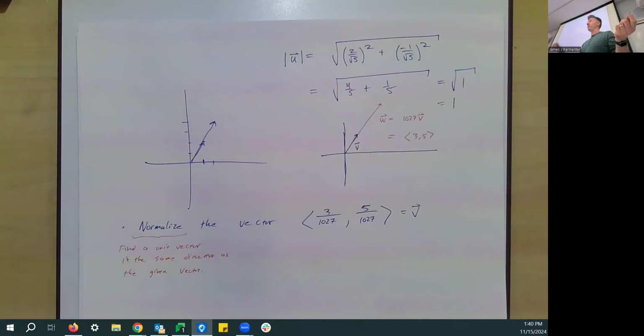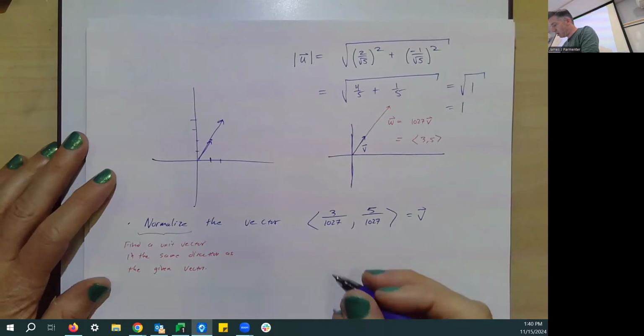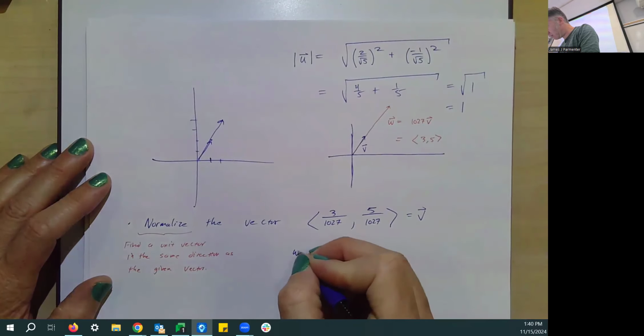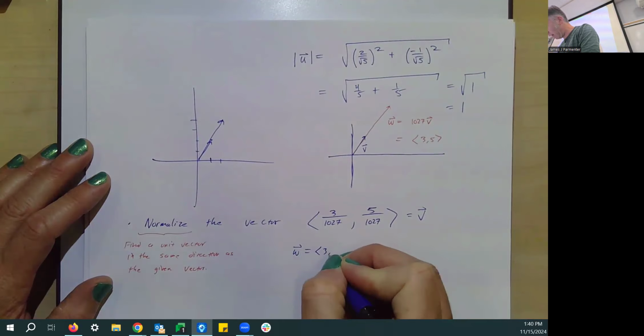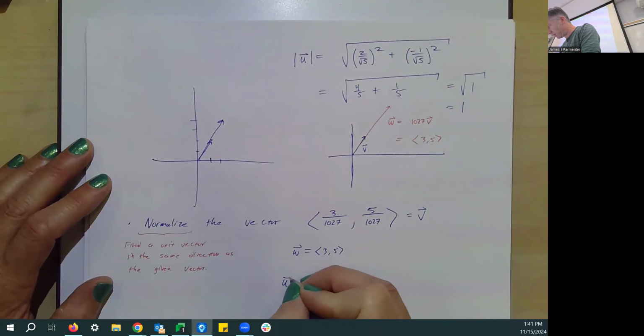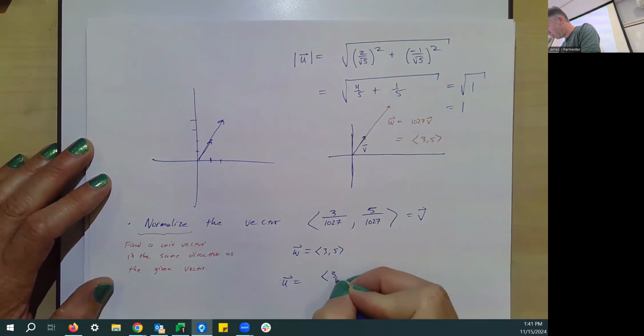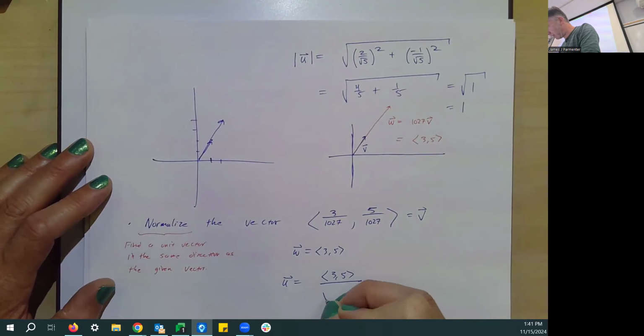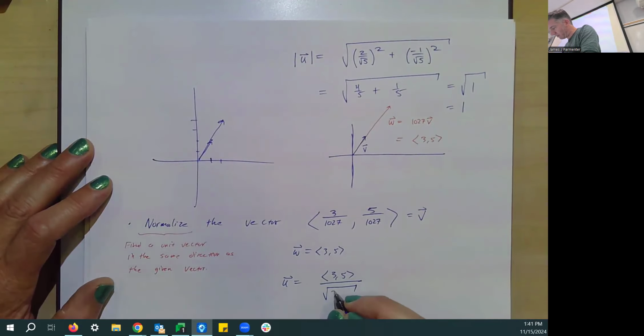So if you're trying to normalize a vector that's terrible, you can make it less terrible by multiplying it by any non-zero number you want. True story. So in this case, we should normalize W equal to 3 comma 5. So then our vector U is going to be the vector W divided by its own magnitude, which is the square root of 9 plus 25.